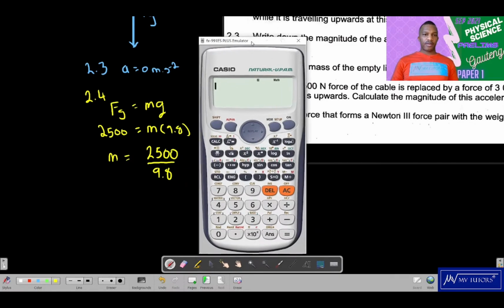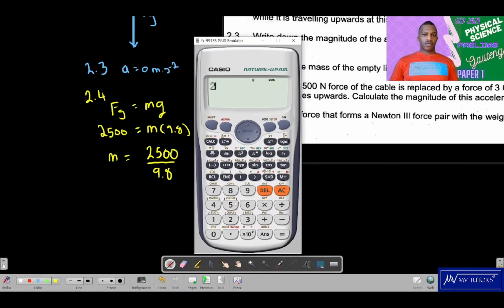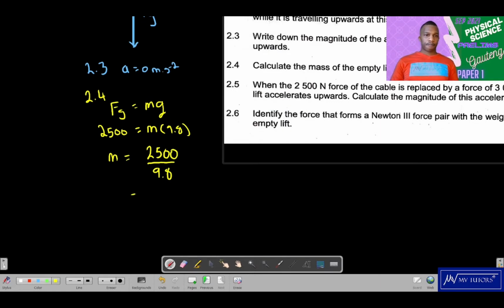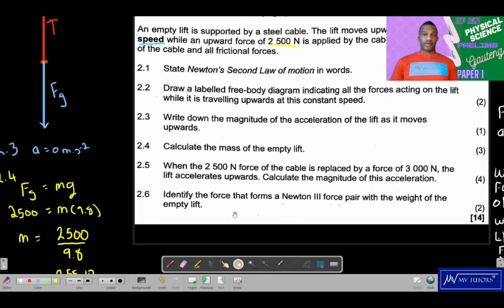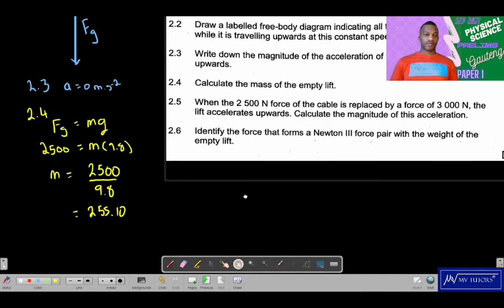So we're going to say 2,500 divided by 9.8. So that's 255.10. Thank you so much, calculator. So it's 255.10, and the unit of mass is, let's see, kilograms.